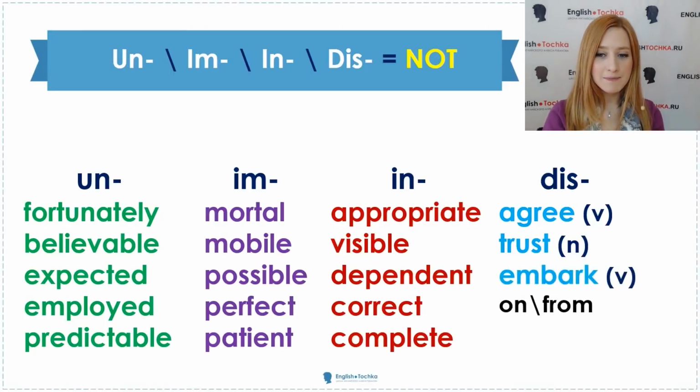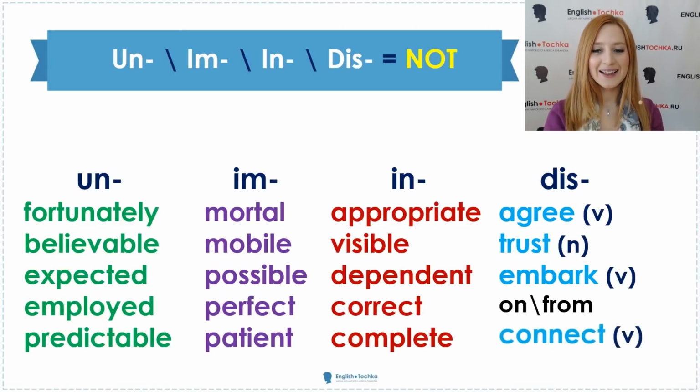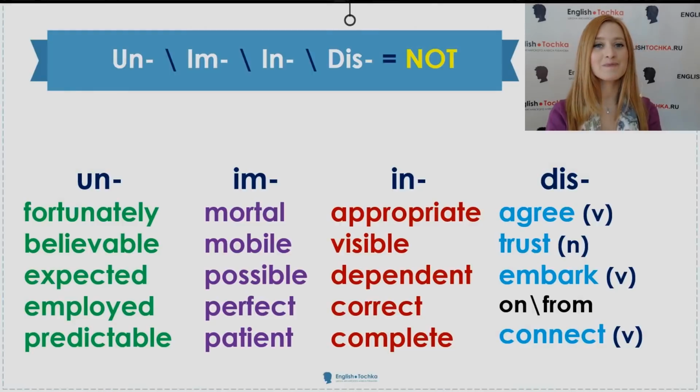To embark on a ship or to disembark from a ship: if we embark on a ship, we start being passengers. If we disembark from some vehicle, then it means that we say bye-bye. Thank you, it was a nice trip. Then connect or disconnect. We can connect people, Nokia, connecting people, and disconnect also means that we don't have a connection there.